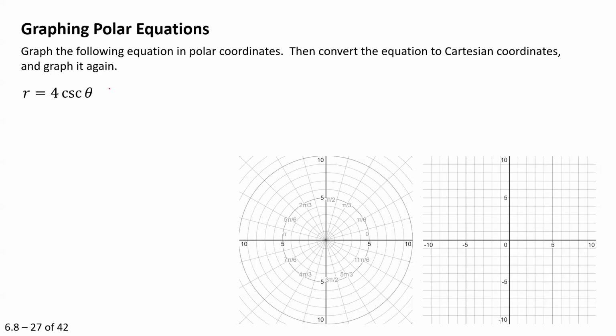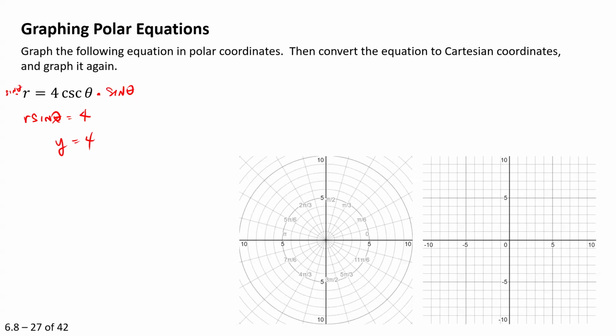Can we see why? Because if you multiply both sides by sine theta, r sine theta is equal to y. So this is just y equals 4. It's a horizontal line.